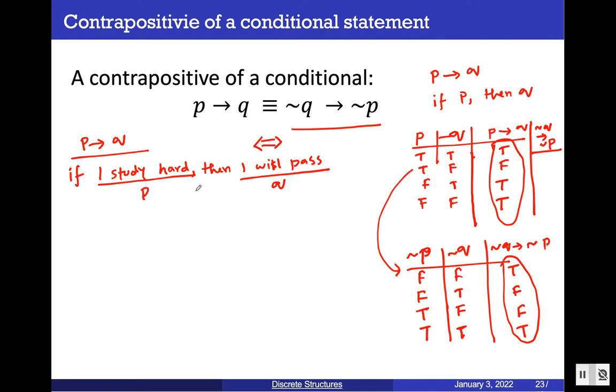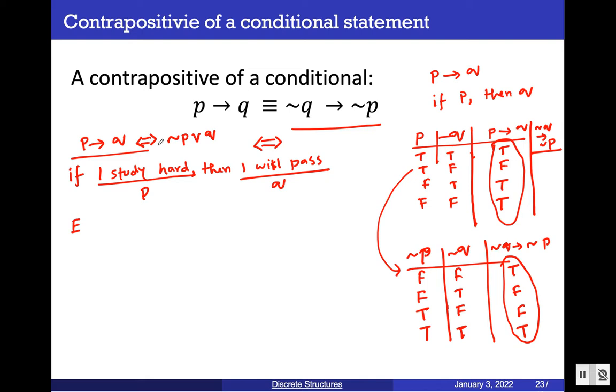So P implies Q. That actually has another logically equivalent statement, which looks like not P or Q. Okay, so P implies Q is logically equivalent to another statement, not P or Q. So let's see an example.